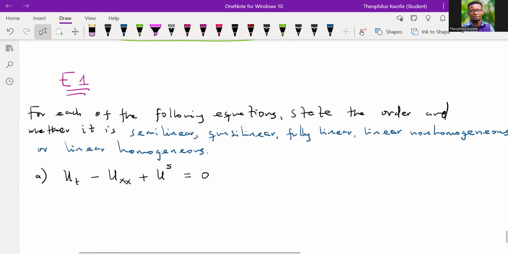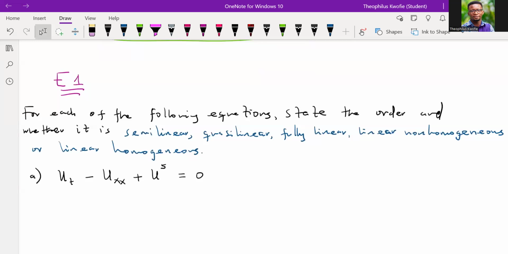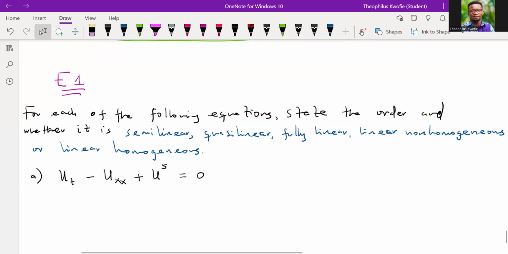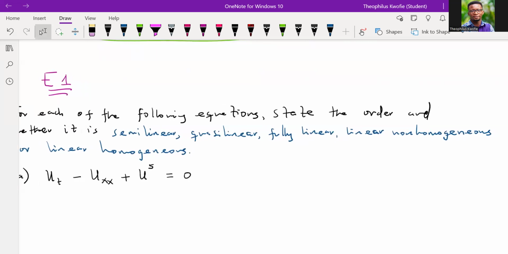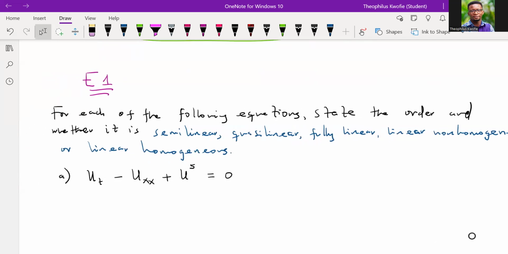So over here, we are given this particular problem to solve. It says that for each of the following equations, state the order and whether it is semi-linear, quasi-linear, fully linear, linear non-homogeneous, or linear homogeneous. So the first thing to do is to state the order.